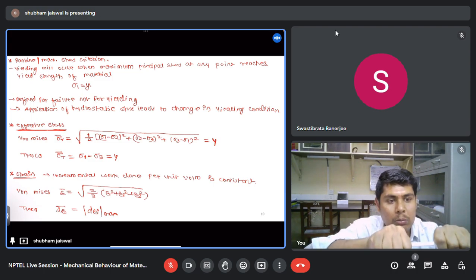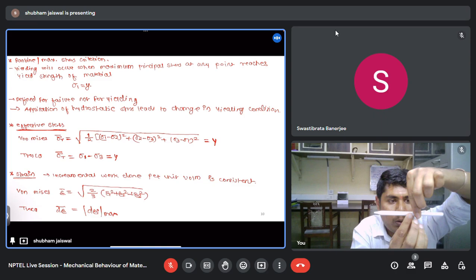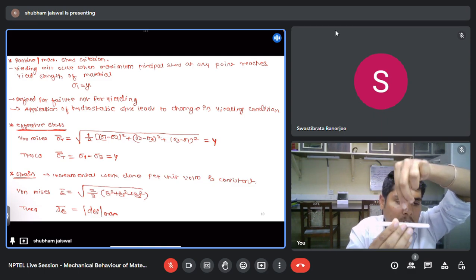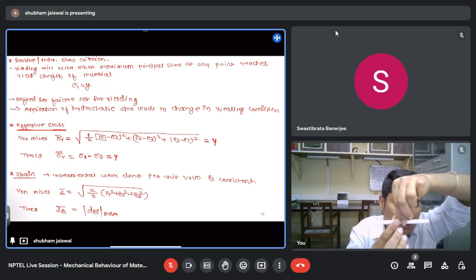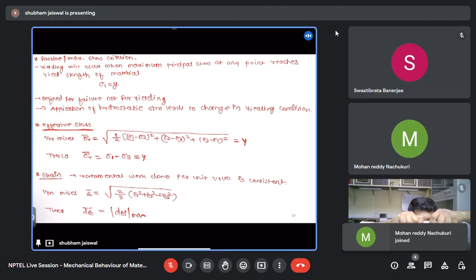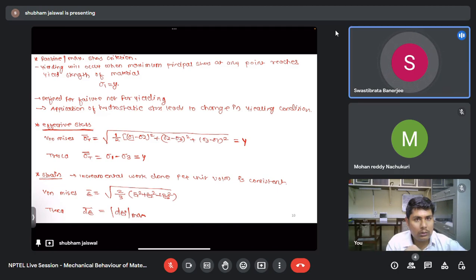But at the same time I am pulling it from this side. So what will happen, this y component will produce some resistance to this pulling. Okay, are you getting my point? Does the y component also lead to failure of the material?